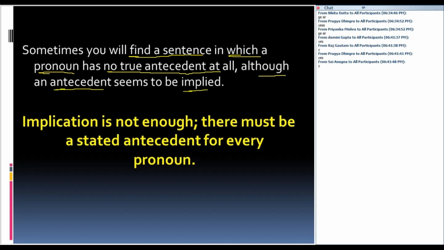It seems that there is an antecedent present, but when you actually check, no antecedent for the pronoun will be there. As far as examinations are concerned, remember, implication is not enough. There must be a stated antecedent for every pronoun. What is the meaning of this? To explain this, I will just show you one sentence.